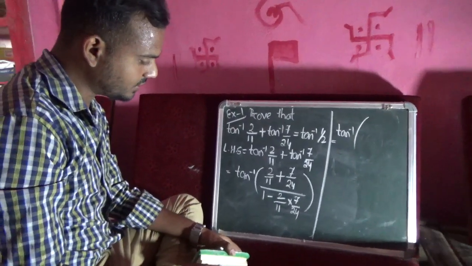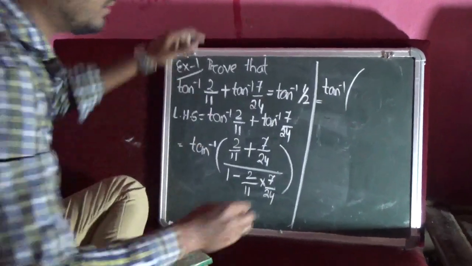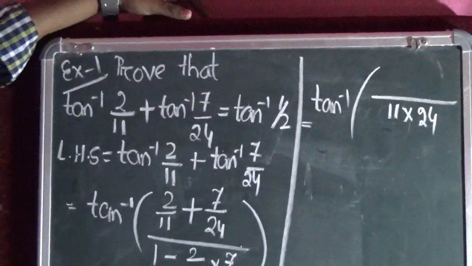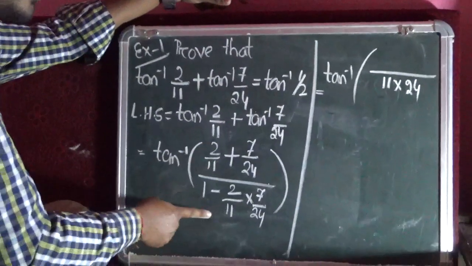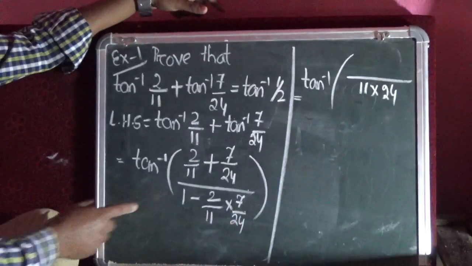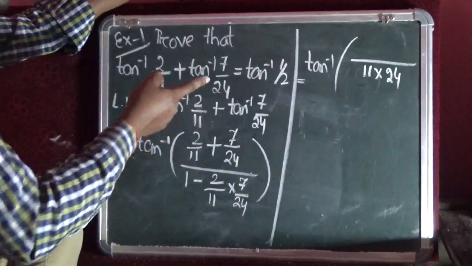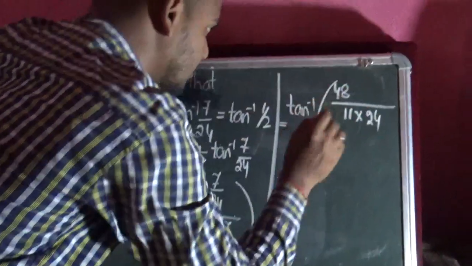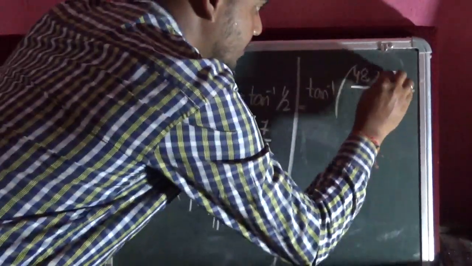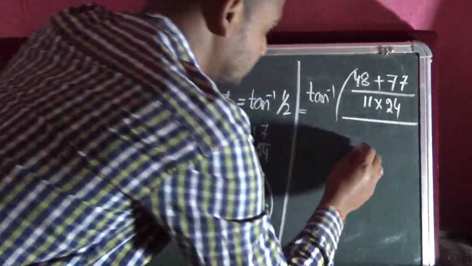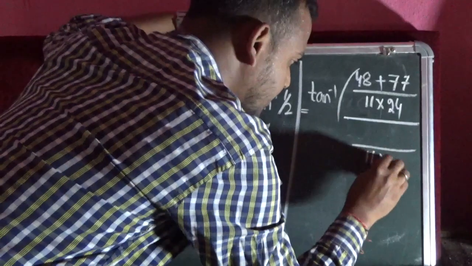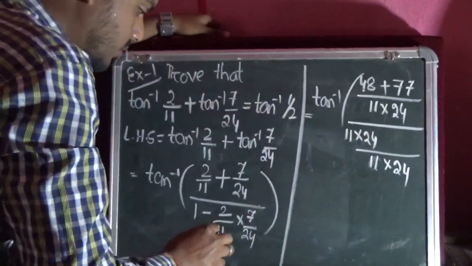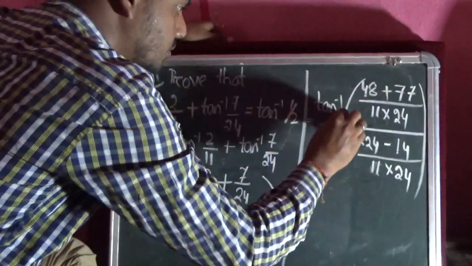We have to take the LCM of 11 and 24, which is 11 into 24, in both the numerator and denominator, so 11 into 24 cancels out from both. In the numerator, 24 into 2 is 48 plus 7 into 11 is 77, and in the denominator, 11 into 24 minus 7 into 2 is 14.